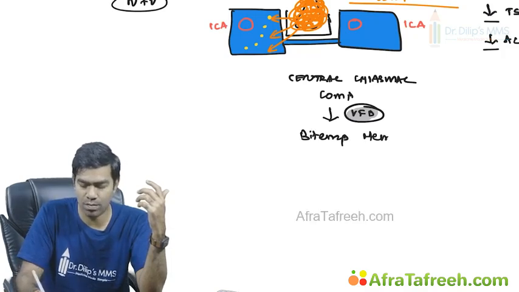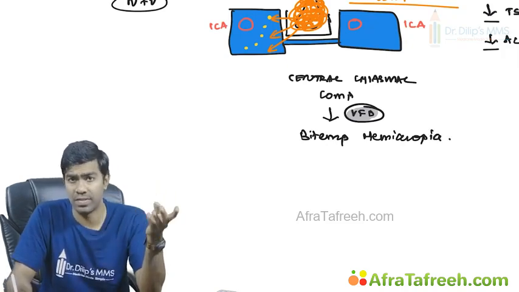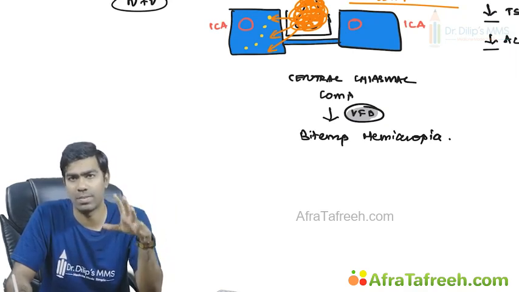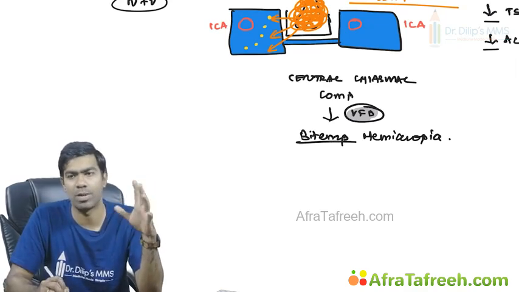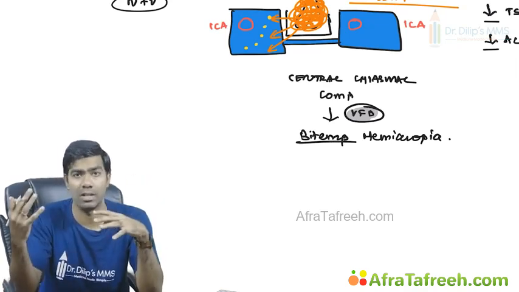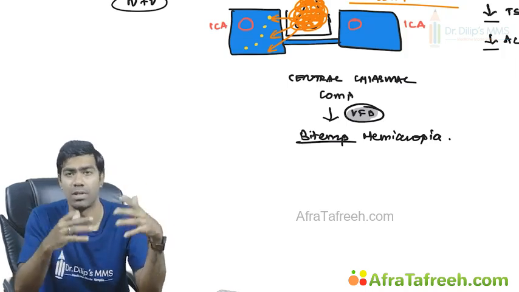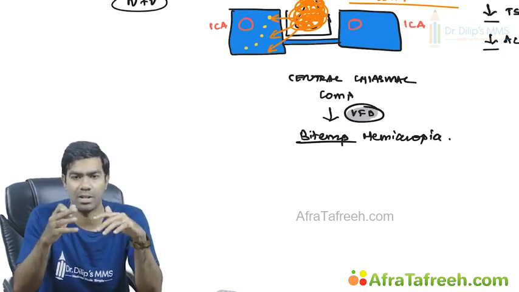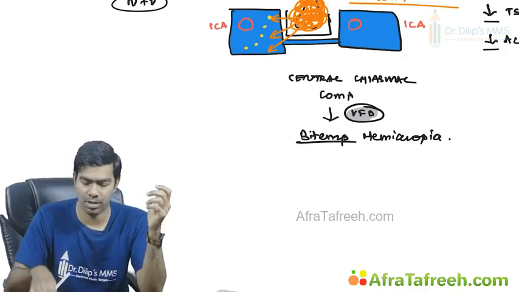Remember, we have a whole lot of discussion on visual field defects, but right now I'm going to discuss only a relatively specific thing for pituitary, that is bitemporal hemianopia. We have a separate discussion in the central nervous system on the different types of visual field defects and how you approach a visual field defect. But right now, trust me, central chiasmal lesion will result in a bitemporal hemianopia.